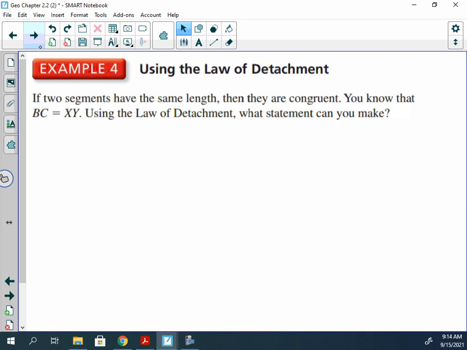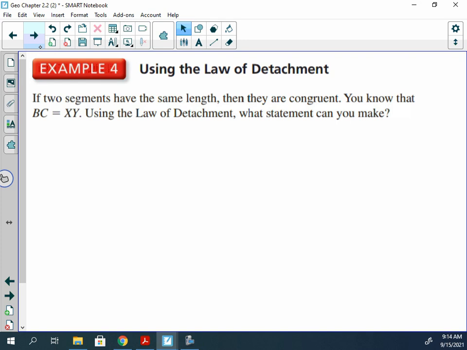So you know that BC is equal to XY. So we know the length of BC is equal to the length of XY, yes? Does that make the hypothesis of our conditional statement true, if two segments have the same length? So BC equals XY makes the first part of that statement true, yes? So what's the second part? Then they are congruent.